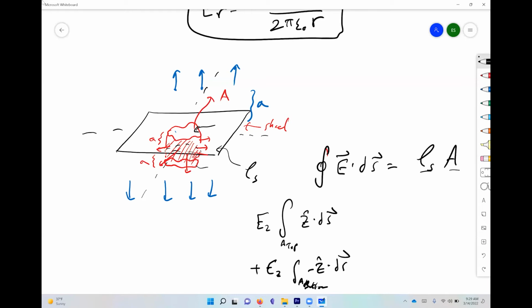Because on the bottom, the field is pointing in the opposite direction, in the direction of minus Z hat. Here I'm using a Cartesian coordinate system. So this equals rho s A.